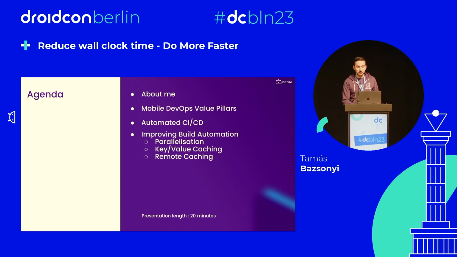The agenda for today's session: I'm just going to talk a few words about myself, just so that you know who is presenting here today. We are going to go through the mobile DevOps value pillars, which are basically the main value differentiators that mobile-specific DevOps brings to your mobile development solutions.